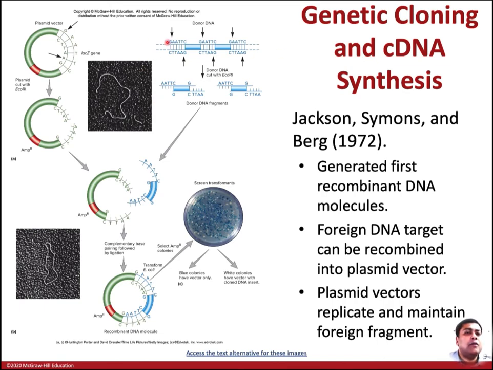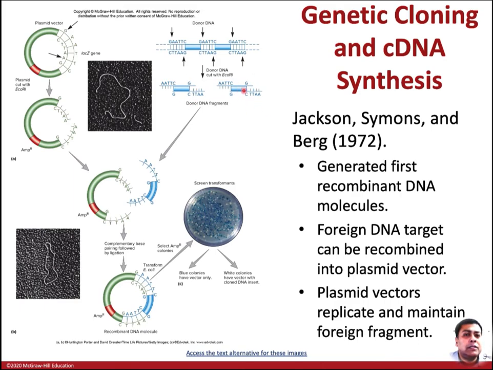And suppose you have no idea what you are going to clone, you digest the donor DNA with EcoR1. Wherever EcoR1 finds a GAATTC sequence, it will cut those ends. So suppose you have a GAATTC here, you have a GAATTC here, you have this fragment, this is another fragment.